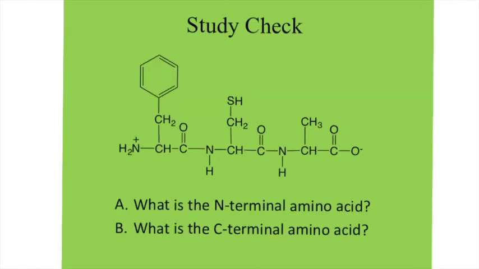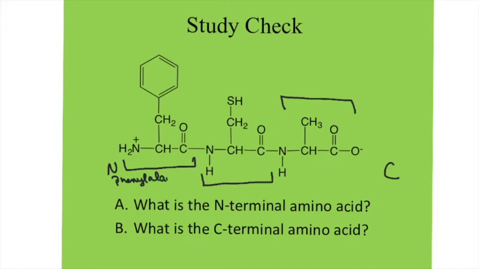This question says, what is the N-terminal amino acid? So this is the N terminus, and this is the C terminus, and this is the N-C-alpha-CO. That's the first amino acid. N-C-alpha-CO is the second amino acid. N-C-alpha-CO is the third amino acid. This one is phenylalanine. This one is cysteine.